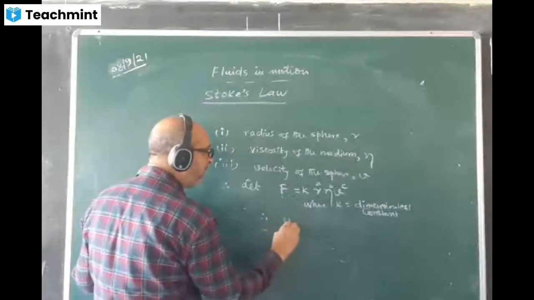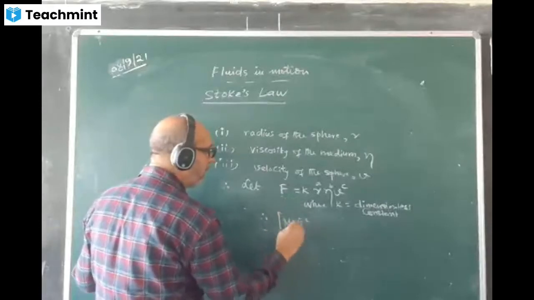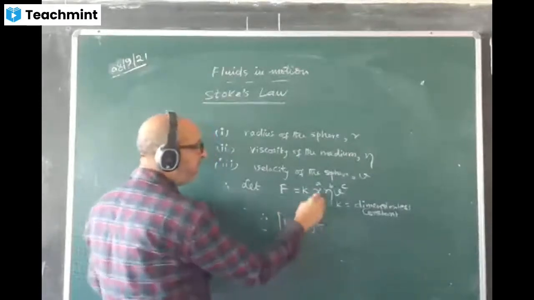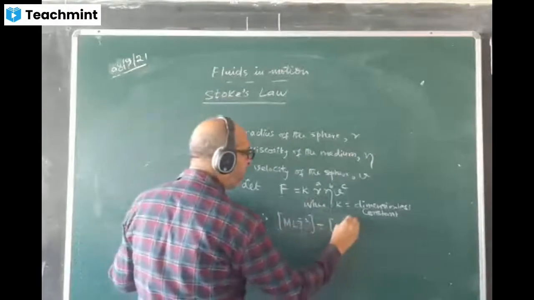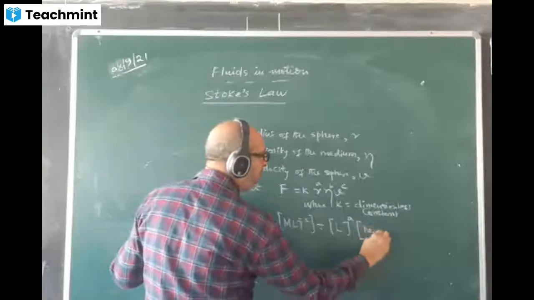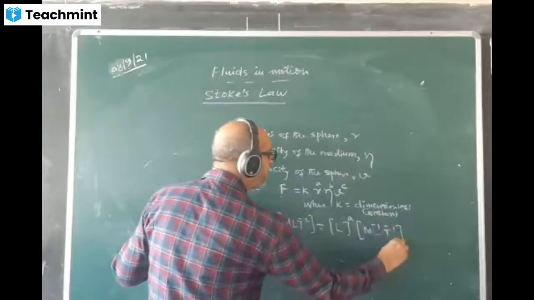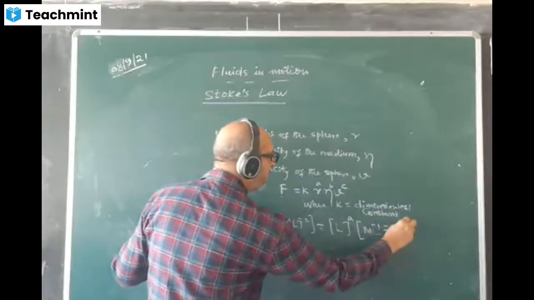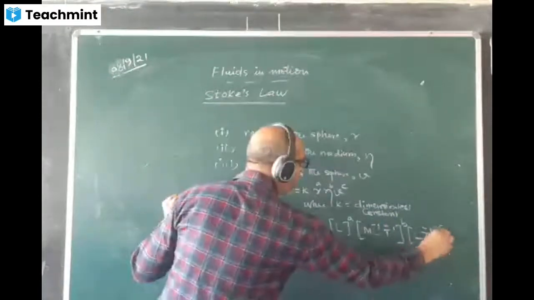Therefore, the dimension of F is MLT minus 2. K doesn't have dimension. Radius dimension is L, so L to the power a. Eta dimension we found, ML minus 1 T minus 1, with power b. Velocity is LT minus 1, power c.